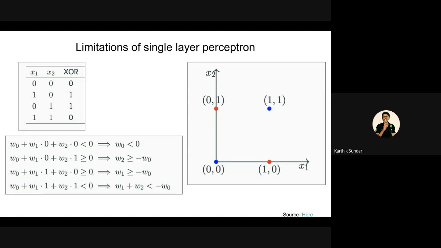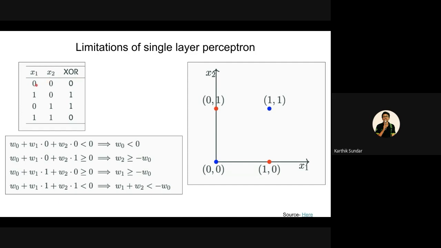What about an XOR function? I'll give you a minute to look at this particular thing to understand why we can't use the single layer perceptron for an XOR gate. See, this is XOR logic, right?